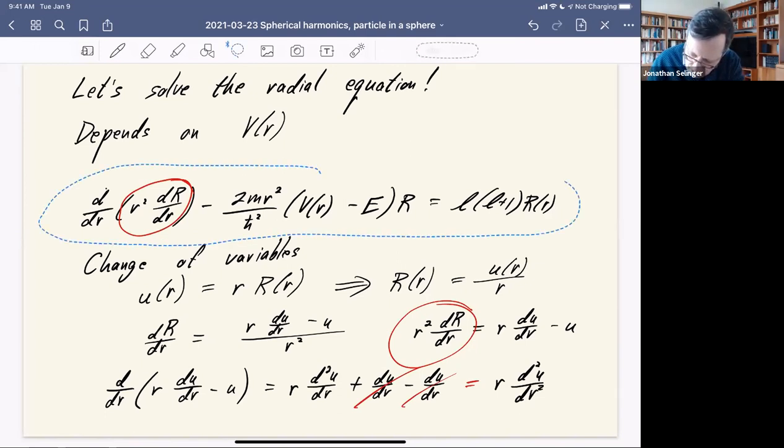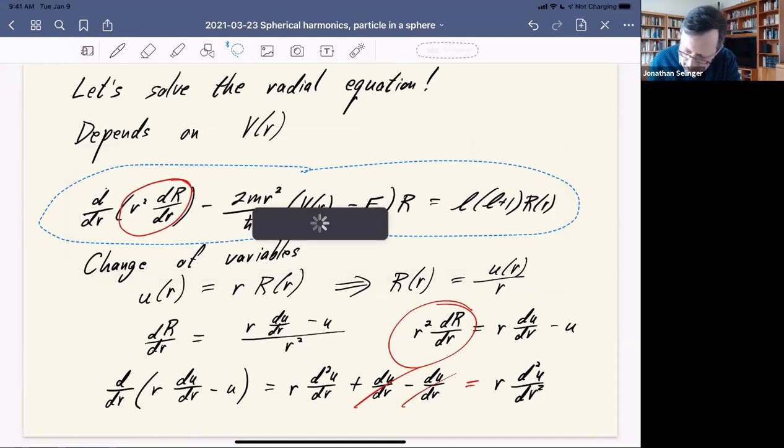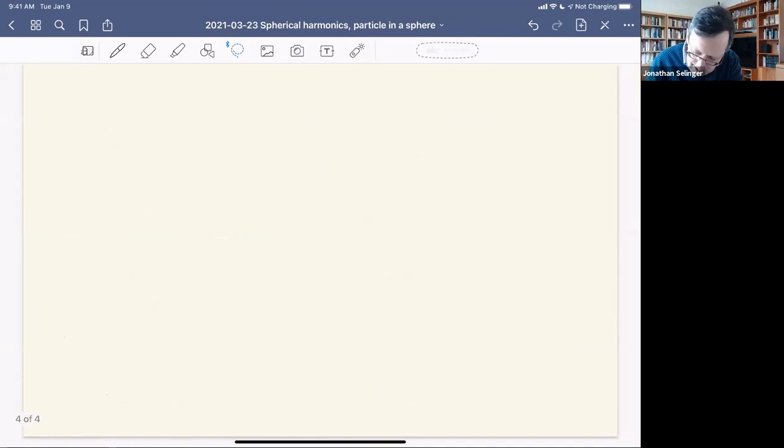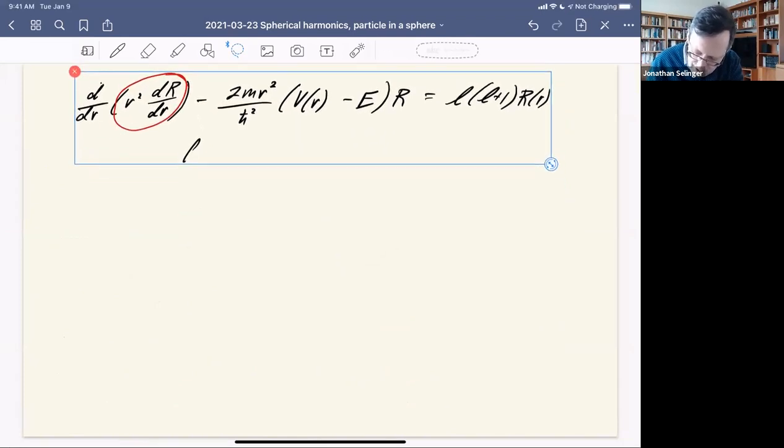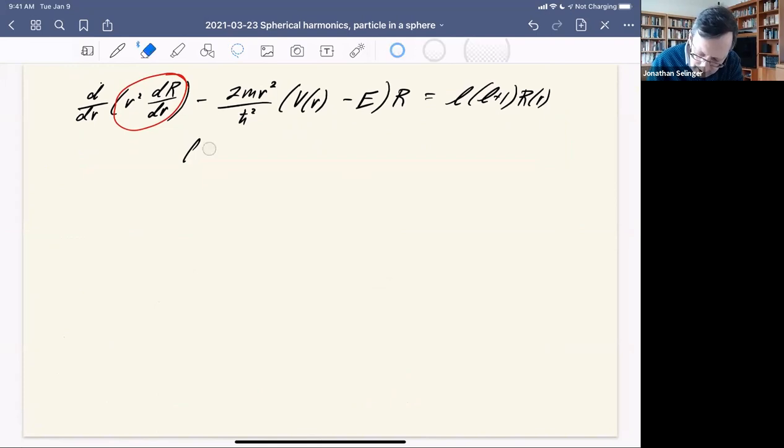So this first term, that's the nice thing with the u, gives us just r times the second derivative of u.